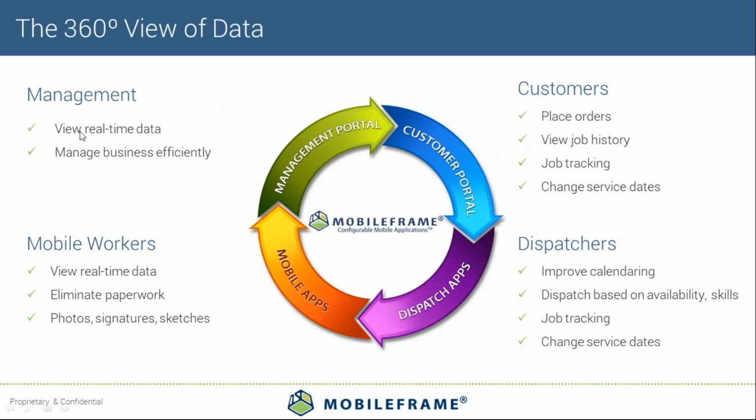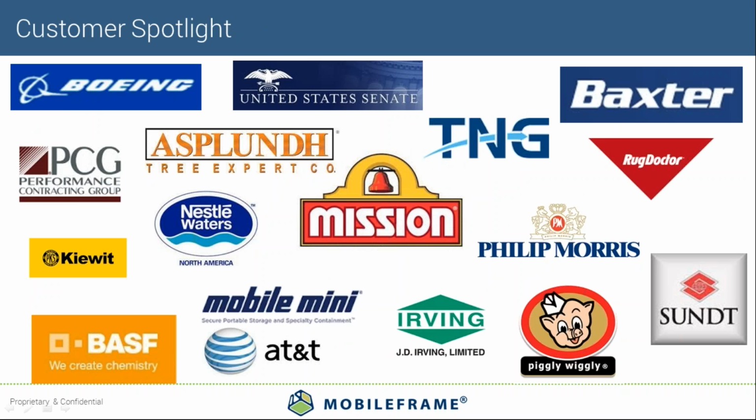And then management. All the data that's been collected, whether through dispatch or through the drivers in the field, can be viewed in a management type of portal. So it's real-time information, different statuses of things. You can manage the business more efficiently. And again, real-time information. So there are a lot of capabilities with the platform in terms of how you can manage that.